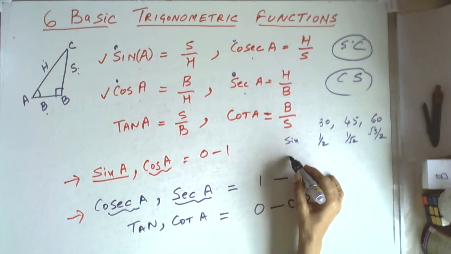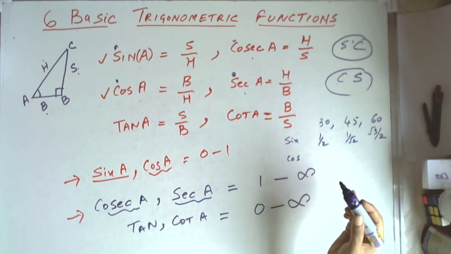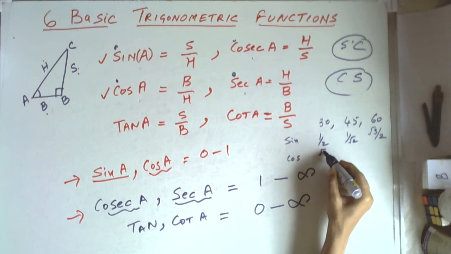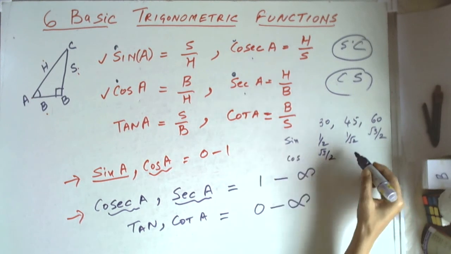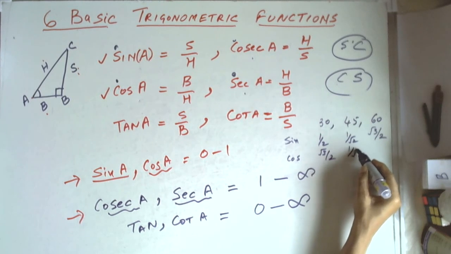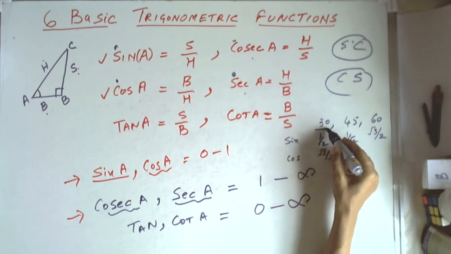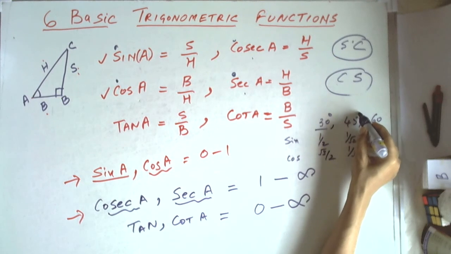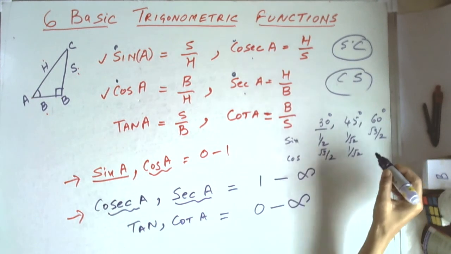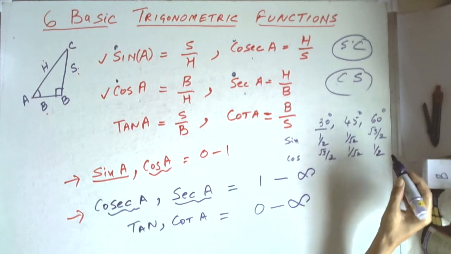And cos is under root 3 by 2 here, 45 degrees is the same, and here it is 1 by 2.